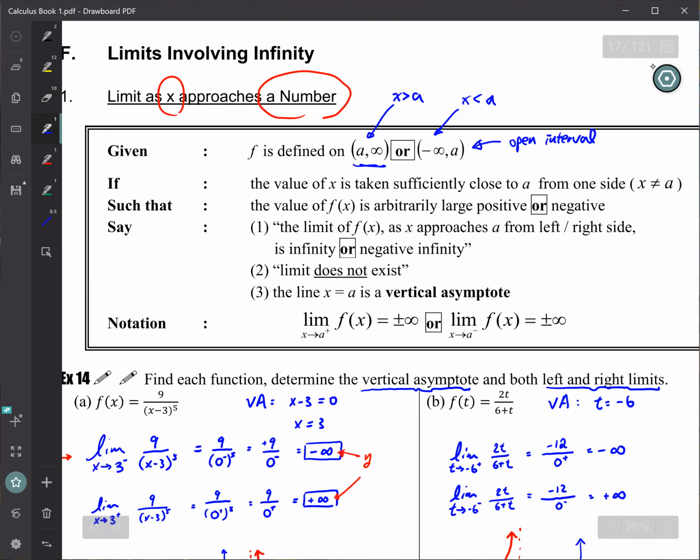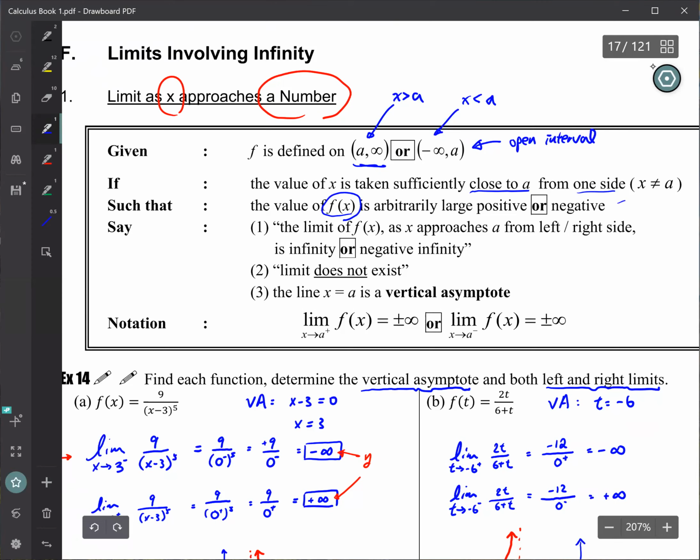And the next part, if we take x sufficiently close to a, that's the limit. X very close to 3, for example, in question A, from one side, so it could be the left side or right side, such that the y value, f of x, is large positive or negative.